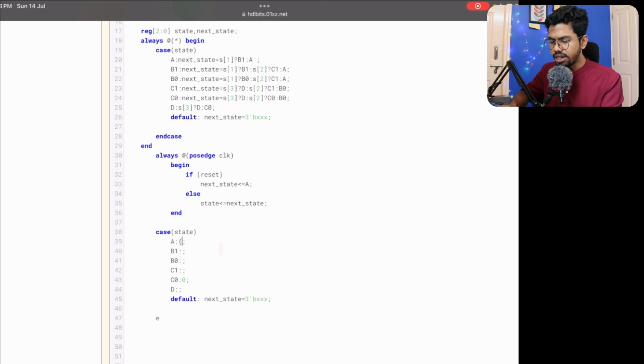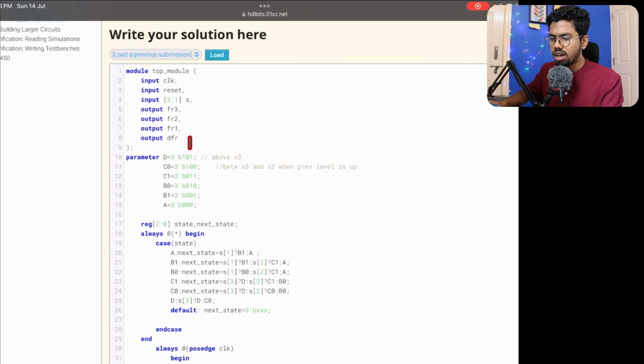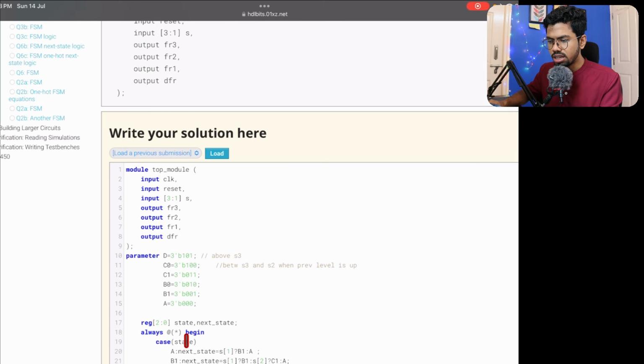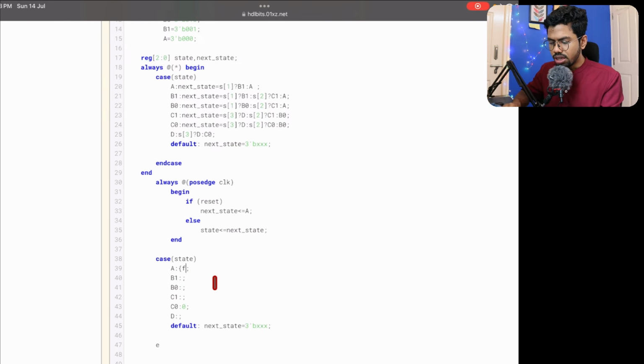So if I'm in state A, just see what your outputs are. These 3 are your outputs, so I'll write them in sequential order: FR3, FR2, FR1, FR0 and delta F, DFR. Comment down which Verilog technique I'm using here.